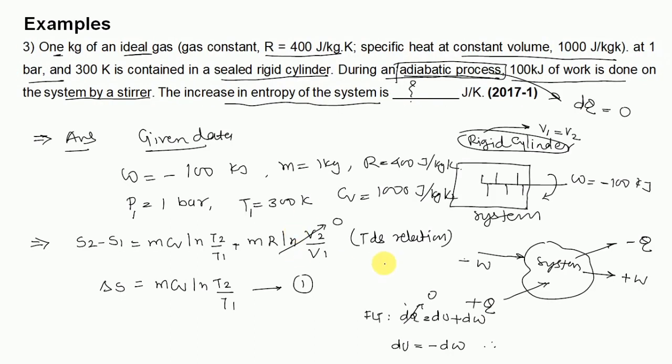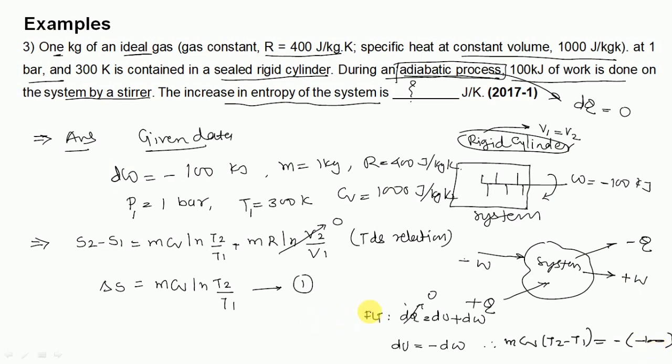So here we know du is equals to minus dw. So we can write here m CV into T2 minus T1. This is the thermodynamics process in which we already derived internal energy, heat transfer, PVT relation and work relation, and at that time we derived this value. You can find it in the previous slide. And also the minus dw value is given here, the work done. The dw value is minus 100. So I put here minus 100.